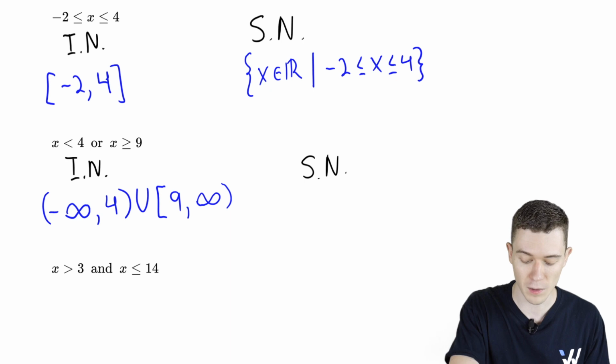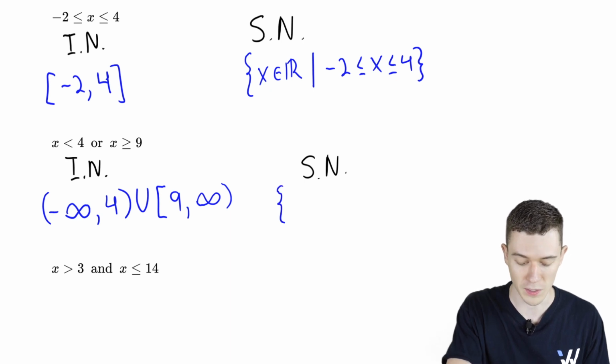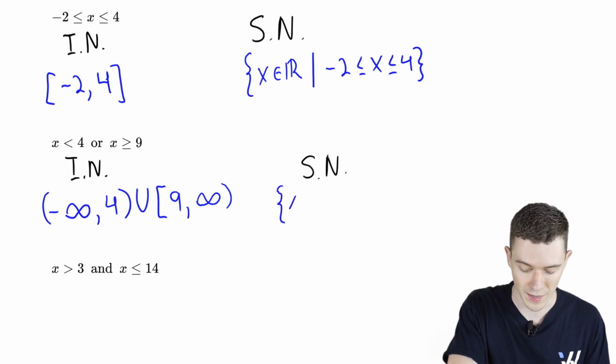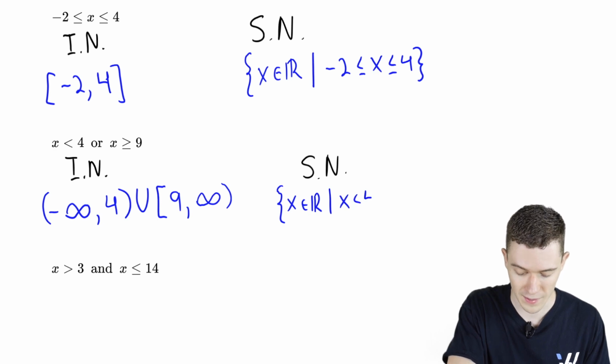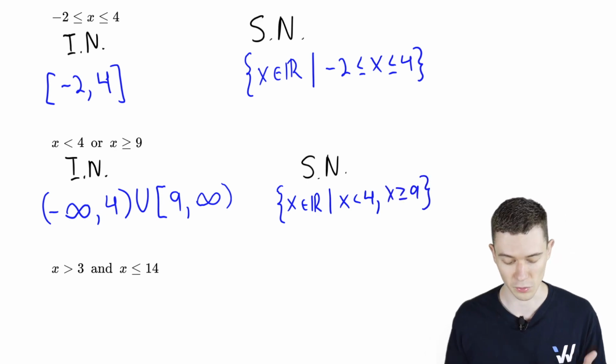You'll see it's very similar to what we did before. We use the curly brackets, and we say x is a real number if those two inequalities hold true. We'll just copy those inequalities, x less than 4, and you can use a comma or simply say or x greater than or equal to 9, and close those curly brackets.